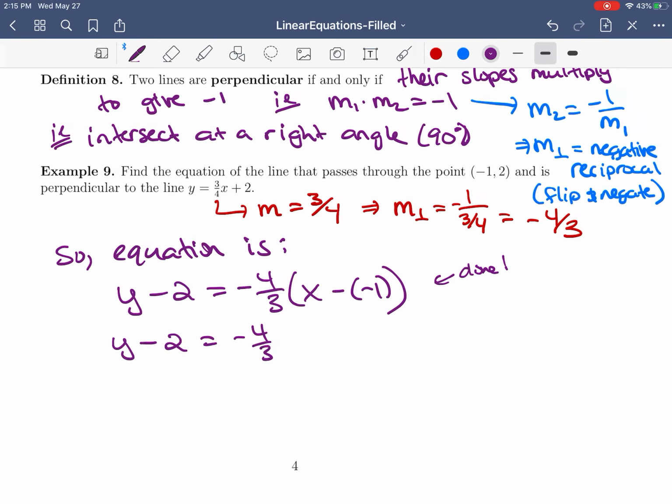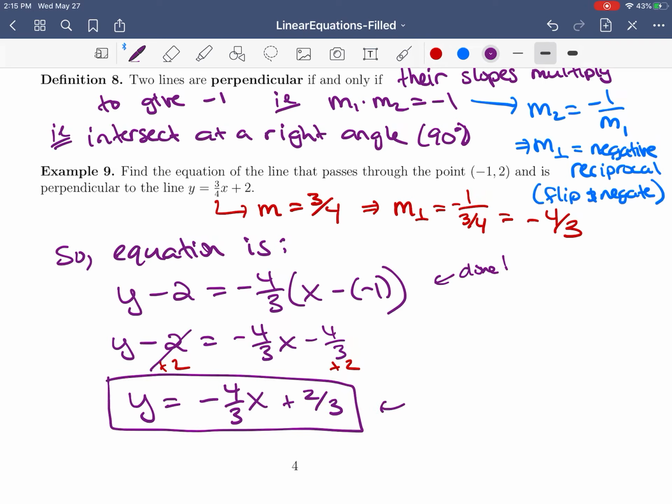solve for y, this is +1, so then I times it by -4/3, it's going to be -4/3. And then I want to add 2 to both sides so that this goes away. So in slope-intercept form, it would be -4/3 x plus 2/3.